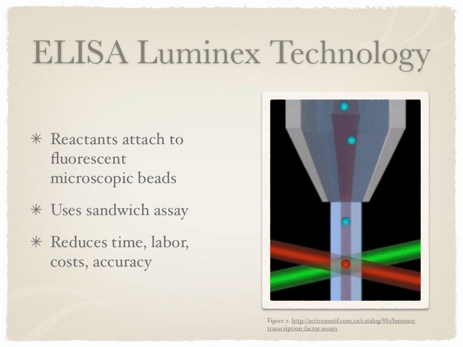However, this study did use ELISA to determine the concentrations of the leptin in the blood, and the technology that they used was the ELISA Luminex technology. Luminex is a bead-based technology that allows antibodies to attach to colored beads, which are fluorescent microscopic beads, each one distinguishable by an emission spectra.